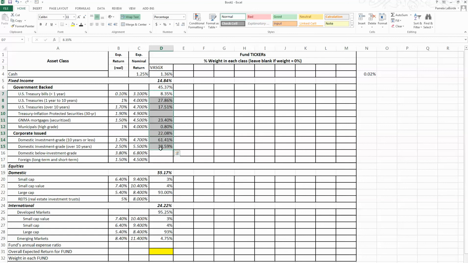So I'm going to do this in increments again. First, I'm going to figure out corporate bonds' contribution to the overall expected return. So corporate bonds, about 61% of them are expected to generate a nominal return of 4.7%.